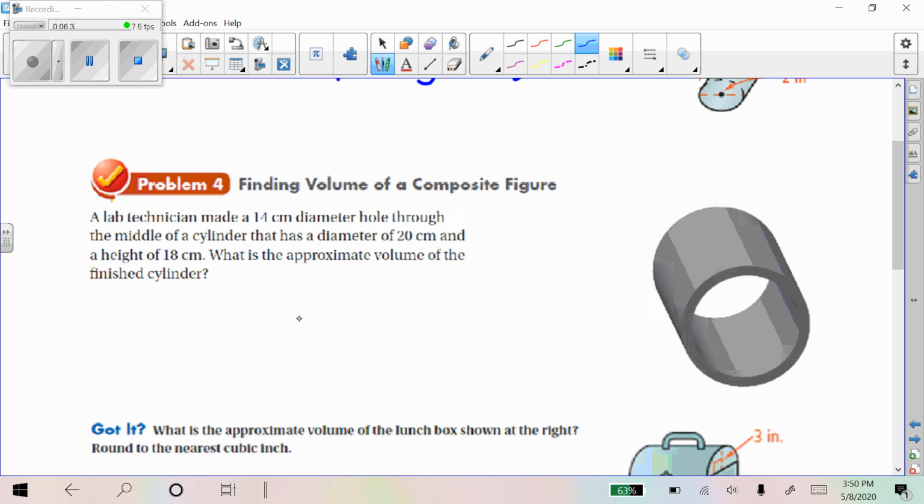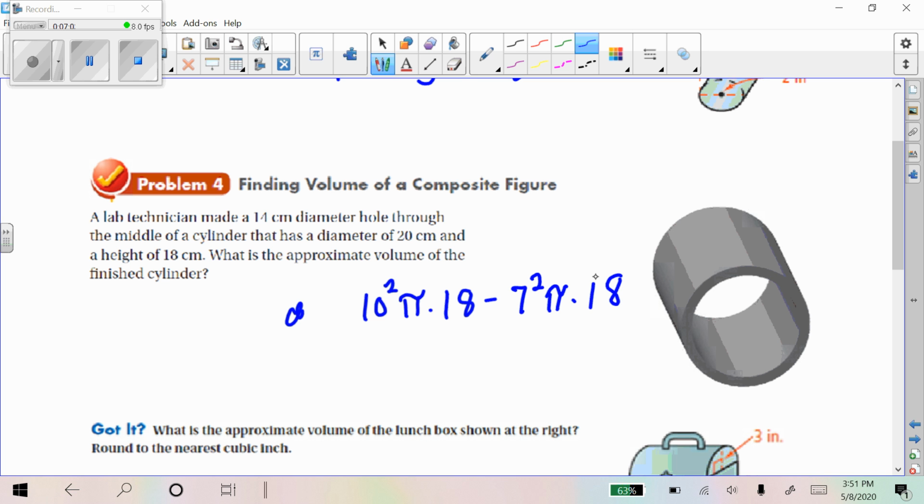So what we're going to do here is we're going to take this cylinder that has a diameter of 20. So we're going to take the area of the base, which would be 10 squared times pi times the height, which is 18. And we're going to subtract the hole, which has a diameter of 14, so a radius of 7 squared pi times 18.